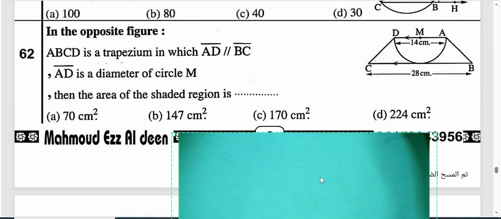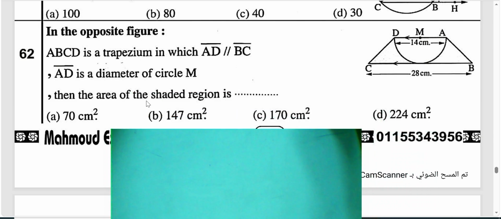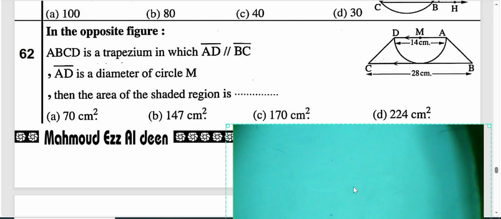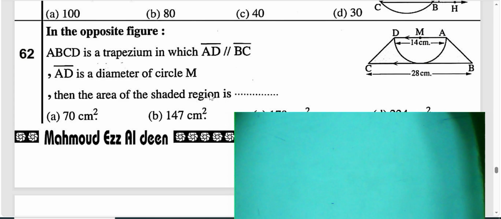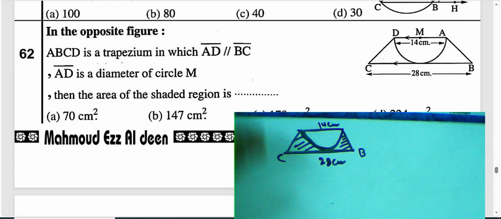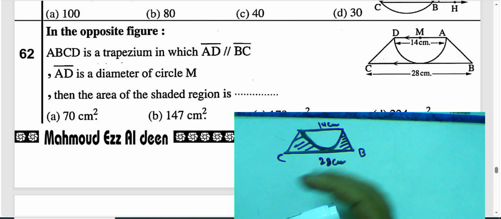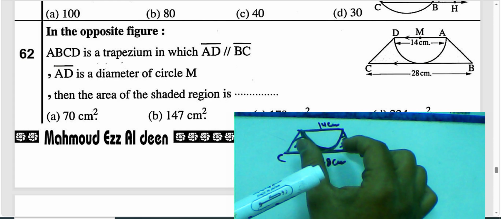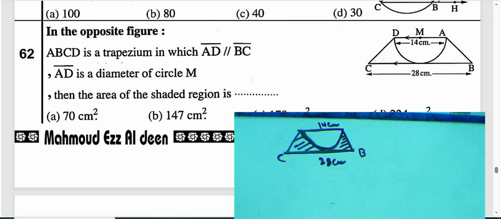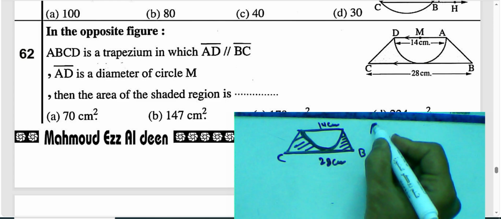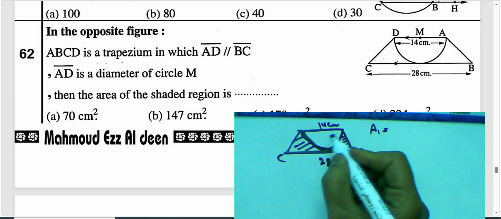Next question. Look at this question here. We have ABCD, a trapezium, like this. He wants to find the area of the shaded part. First step, we can find the area of the trapezium and the area of the half circle and then find the difference. Then I will find area 1, the area of the half circle.